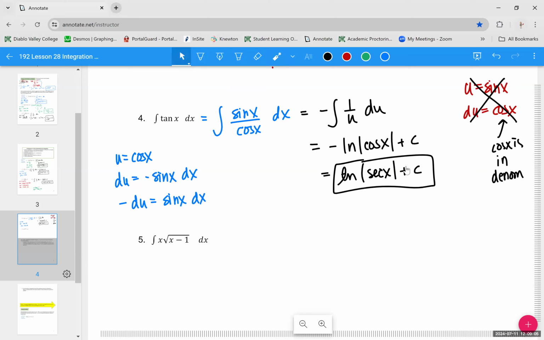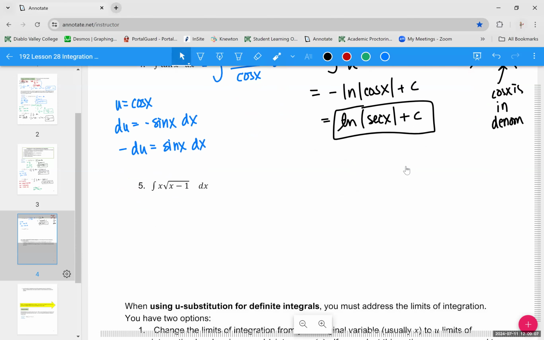Okay, last example here. You'll notice that we have an inside function. And so if we set u equal to x minus 1, when we take du, we get just dx. And we still have this x floating out front that wasn't taken care of by this du dx process. So far, I can do the square root of u and du, but I need to figure out how to get rid of this x.